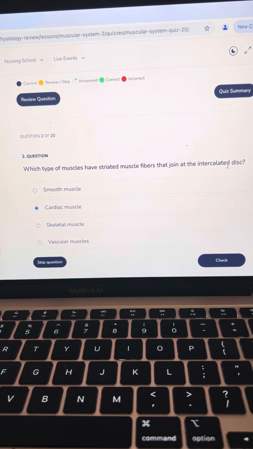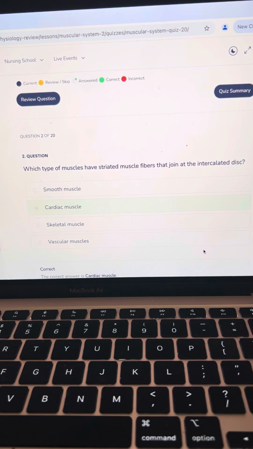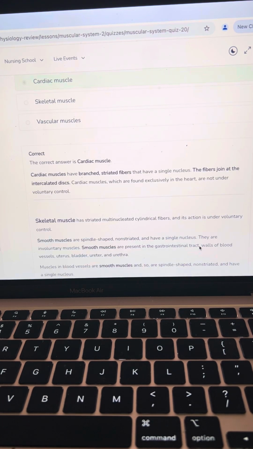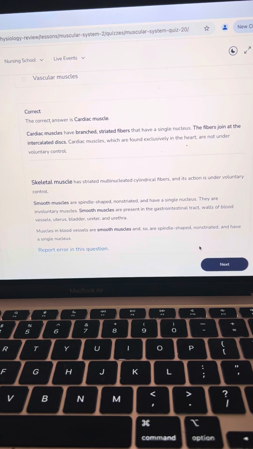It is associated with the heart, okay? Striated muscles, okay? And intercalated discs. That is correct. And here it explains again, okay? For all of you, you can just pause it.